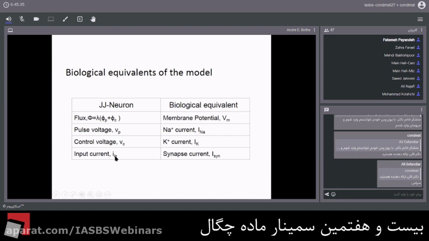And then I in would be some sort of a synapse current or whatever the integrated signal is that the cell receives. Because the cell also takes into account multiple inputs, and it will effectively integrate the inputs to reach a state where it either fires or doesn't fire. So it's not as straightforward as having a single input in the case of a real neuron.